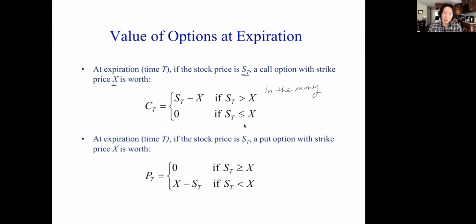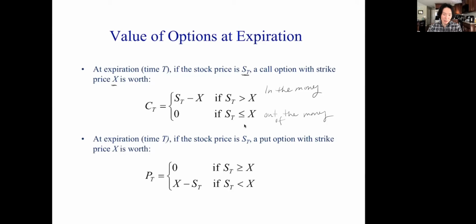Well, in the next case, the option is out of the money. When does that happen? When the stock price at expiration is lower than the strike price. In that case, the call option payoff is simply zero. The put option is the other way around.